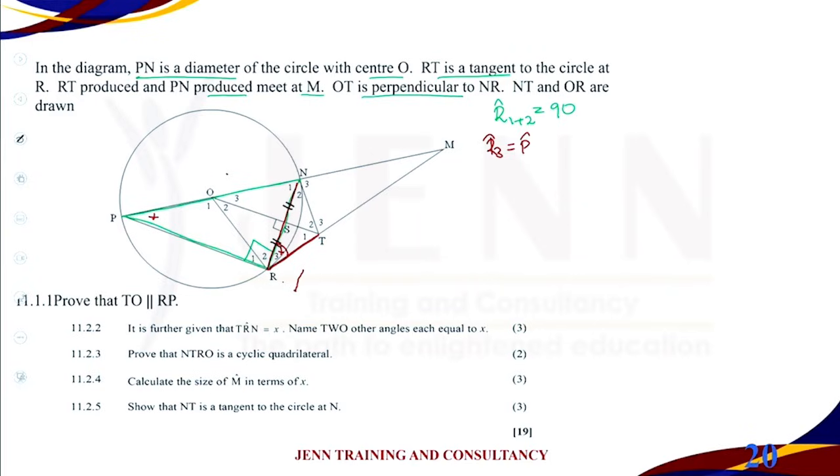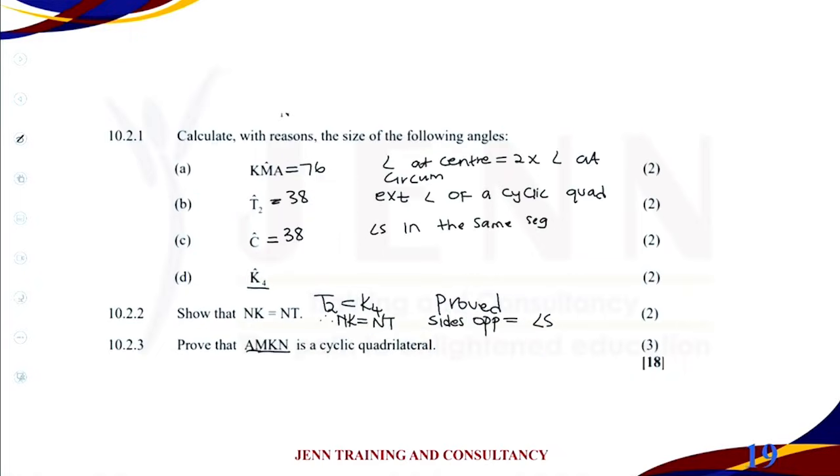Now let us look at the first question. You are supposed to prove that TO is parallel to RP. Now, remember when I first started your toolbox, for us to prove that two lines are parallel, what is it that you must prove?